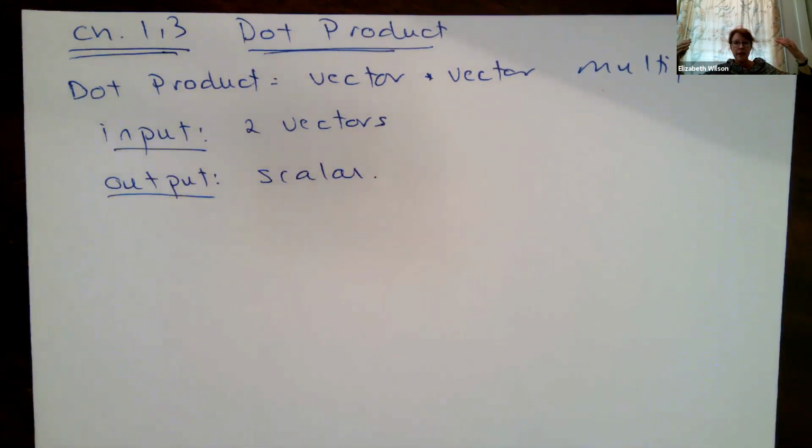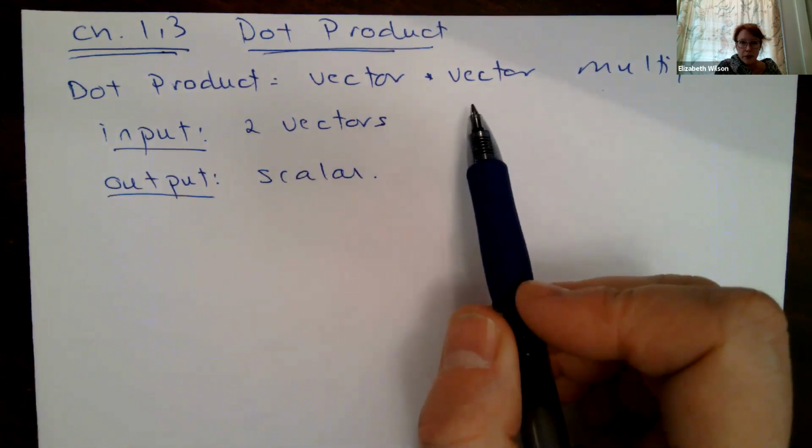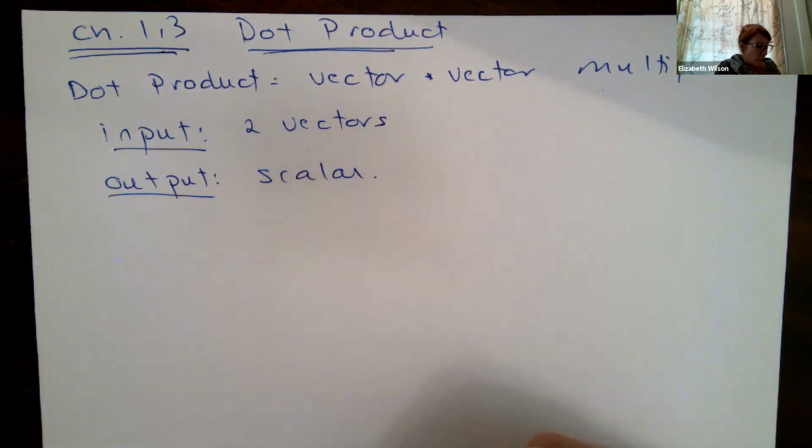It's interesting: I take in 2 vectors and I get a number out. I don't get a vector at all. When we talk in a later chapter section about the cross product, I take in 2 vectors and I get a vector as an output. But here I'm multiplying 2 vectors together and I get a scalar as an output.